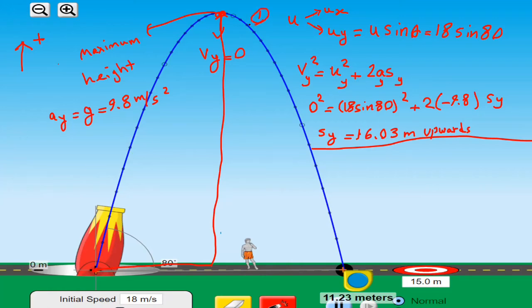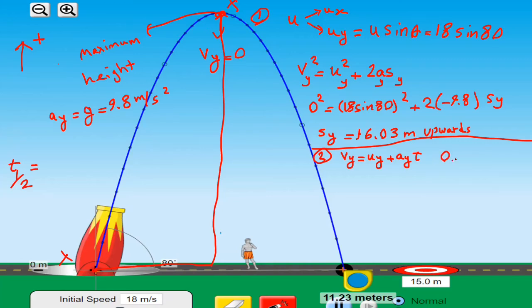However, there's another method. We can say Vy equals Uy plus Ay t. By doing that, we can find the time to move from this point to the highest point, that is the time for half of the flight, t for half the flight.